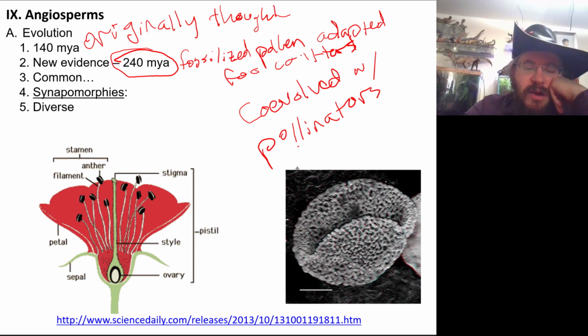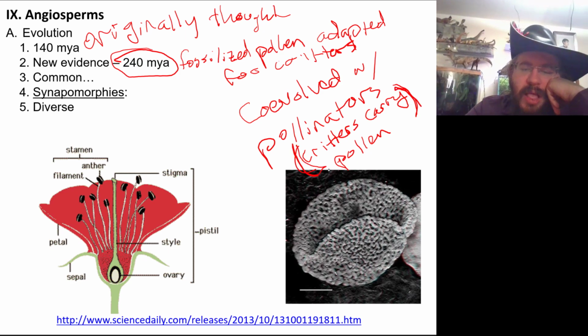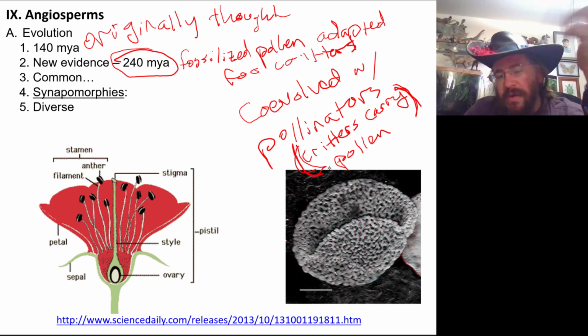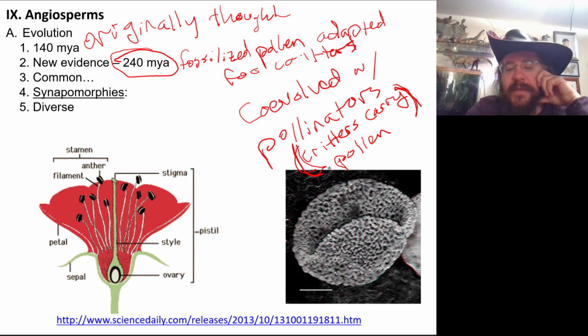In other words, here, critters carry the pollen. So, not all angiosperms today require critters to pollinate, but the origin of angiosperms is the origin of pollinators.